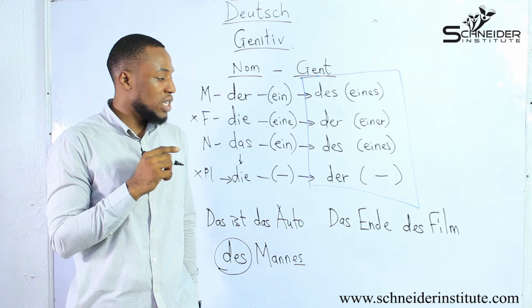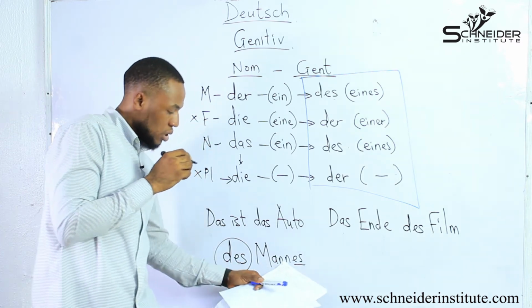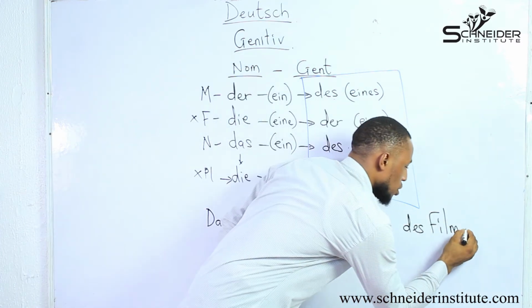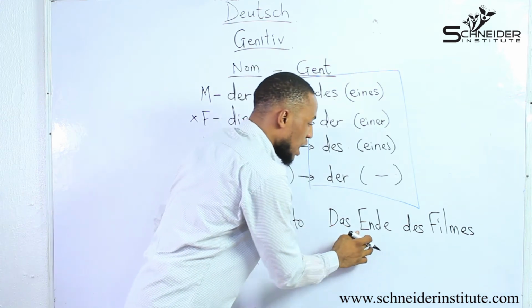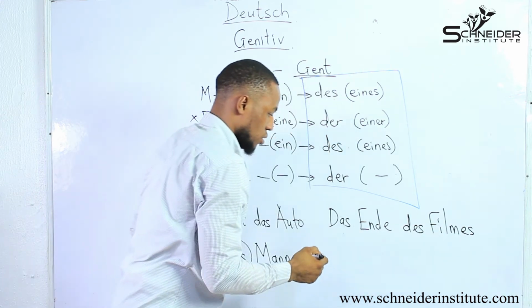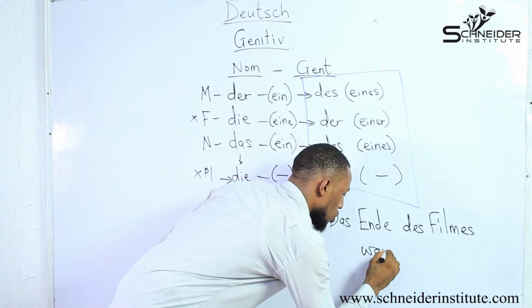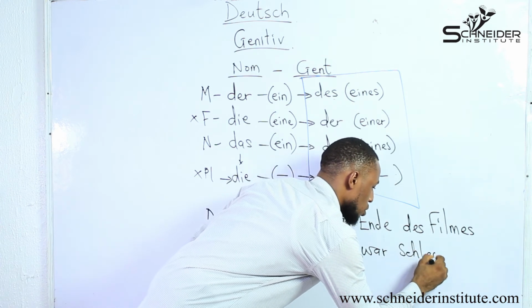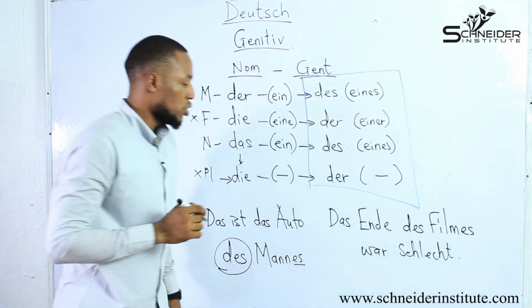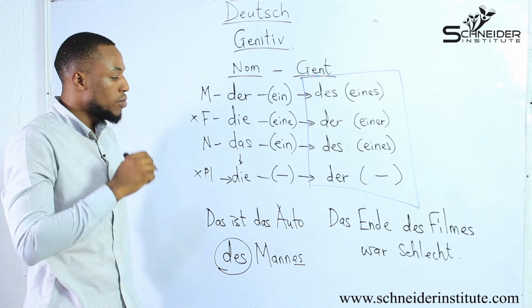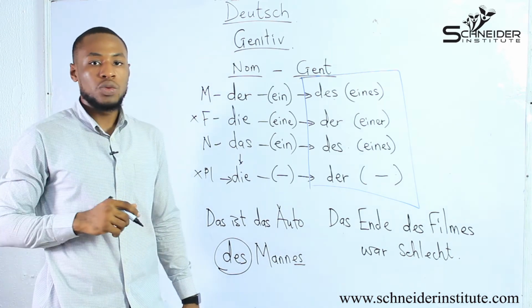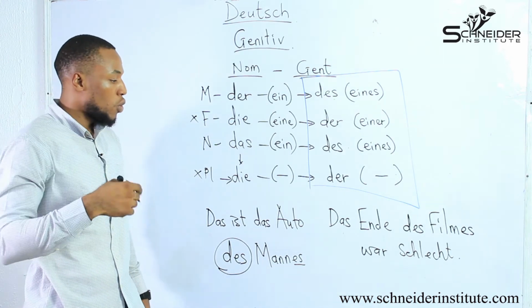Recall I told you in this case we'll have to add es. So the end of the movie was bad. So das Ende des Filmes war schlecht, which means the end of the movie was bad.